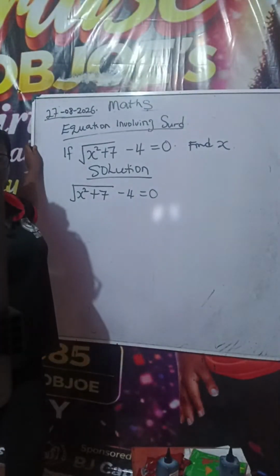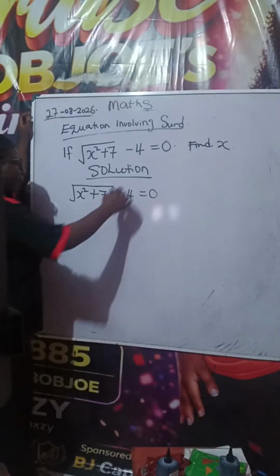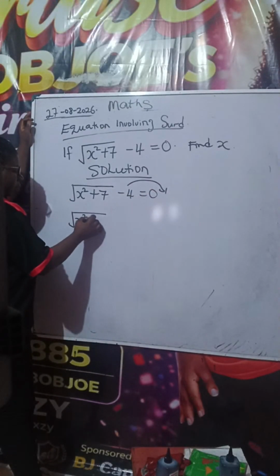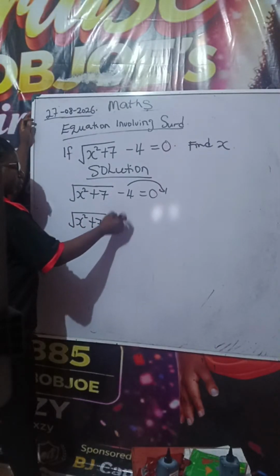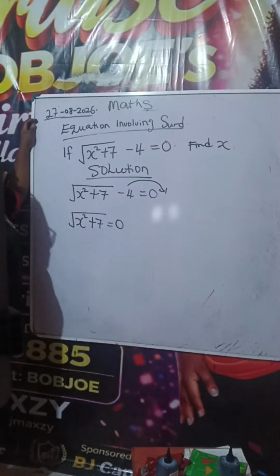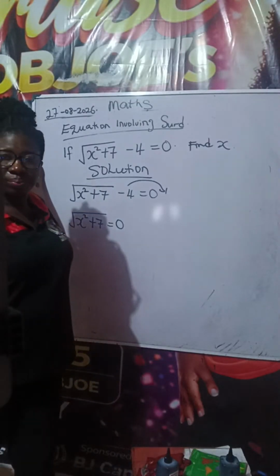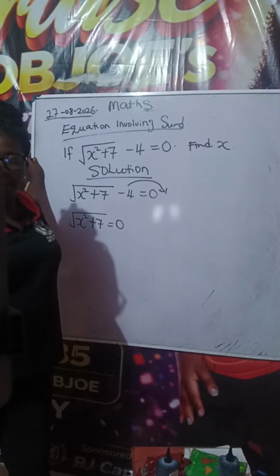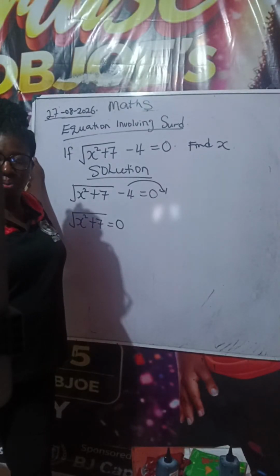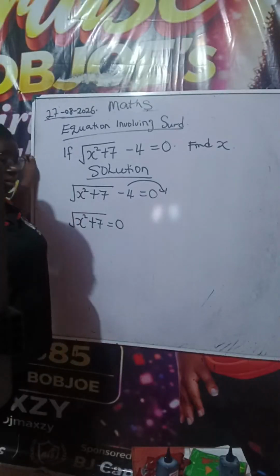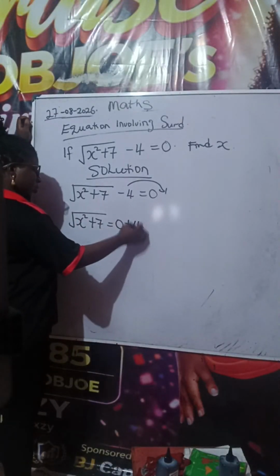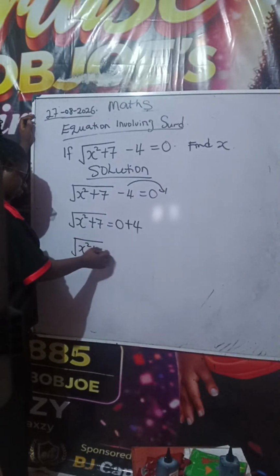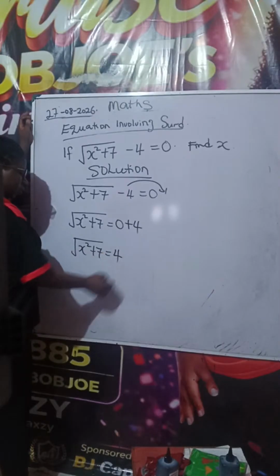So I'm taking 4 to the right. So we have root of s squared plus 7 equals 0. If the 4 moves to the right, it becomes plus 4. So we have root of s squared plus 7 equals 0 plus 4, which gives me 4.